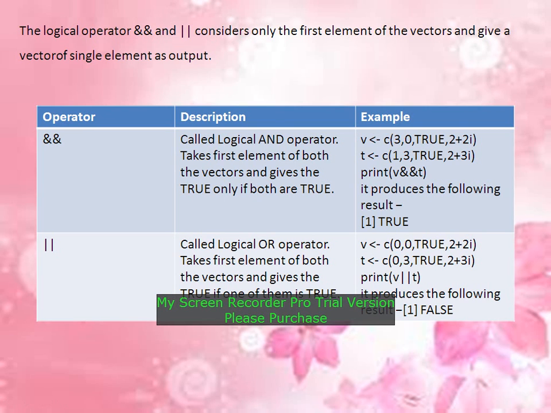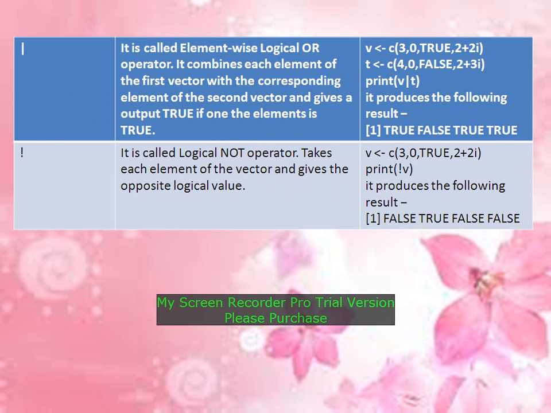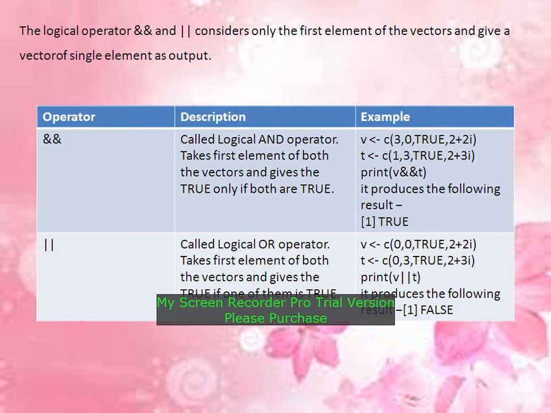Unlike the previous logical operators, which are element-wise comparisons, these are vector-wise comparisons. A group of elements is compared by considering only the first element in each vector, and the result is produced as a whole instead of individually.